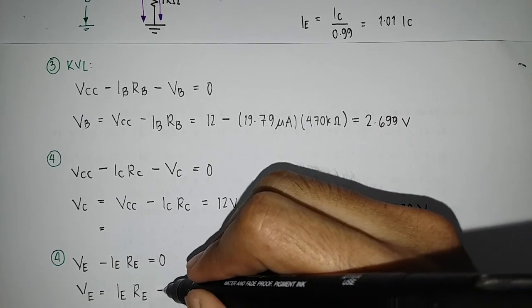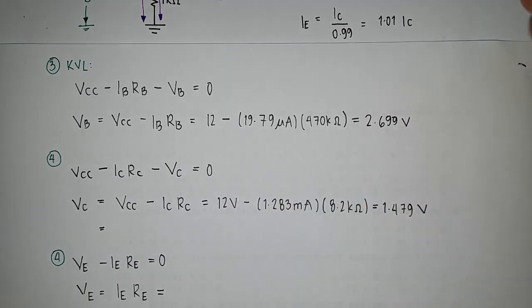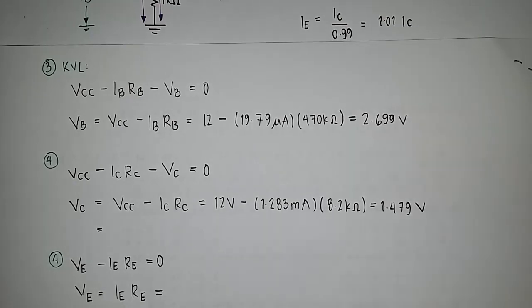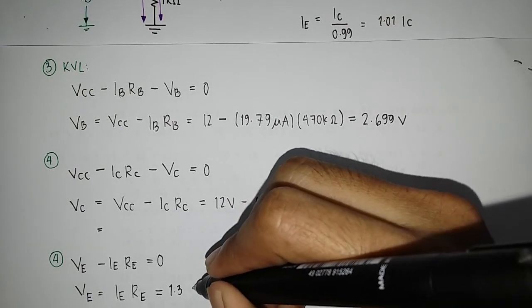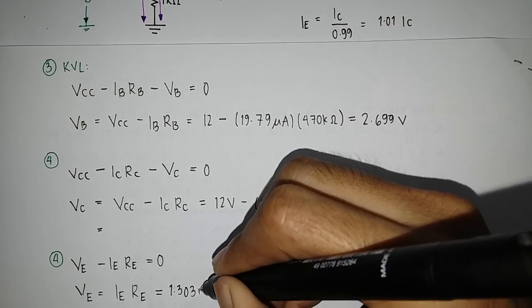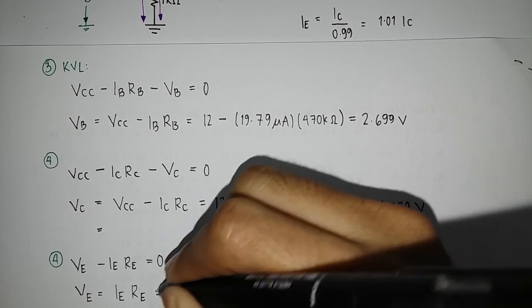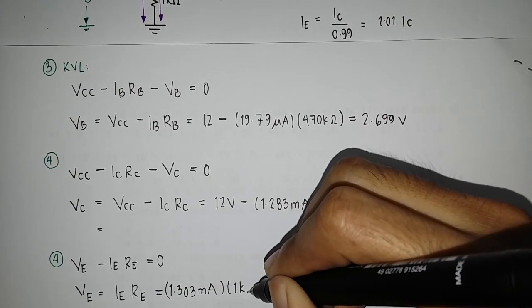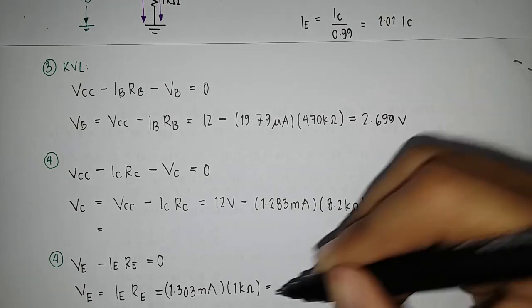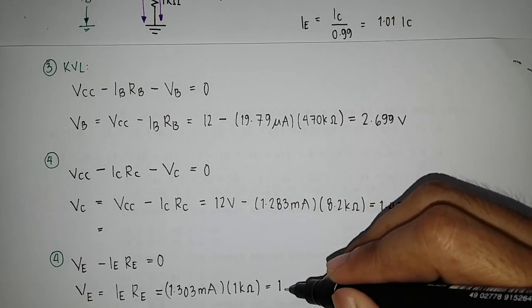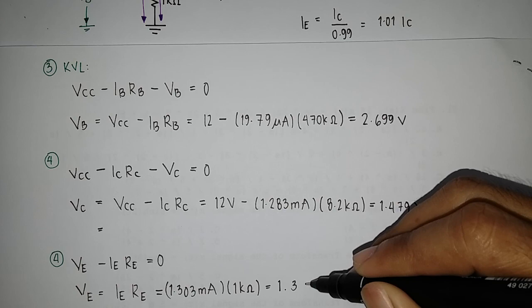Substitute lang natin, VE is equal to IE, which is ang value ng IE 1.303 milliamperes times RE, which is 1 kilo ohms. So makukuha natin sa VE ay 1.3 volts.